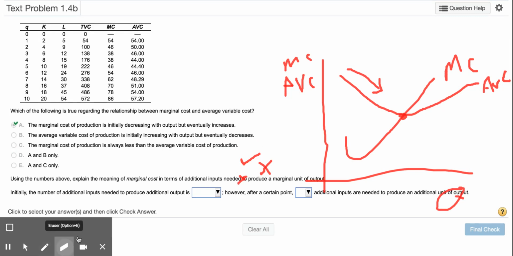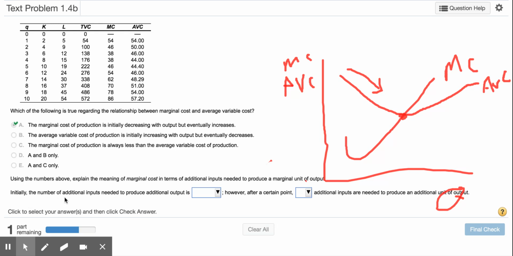Okay, the next section. The question is, so let's keep this graph. Using the numbers above, explain the meaning of marginal cost in terms of additional input needed to produce a marginal unit of output.